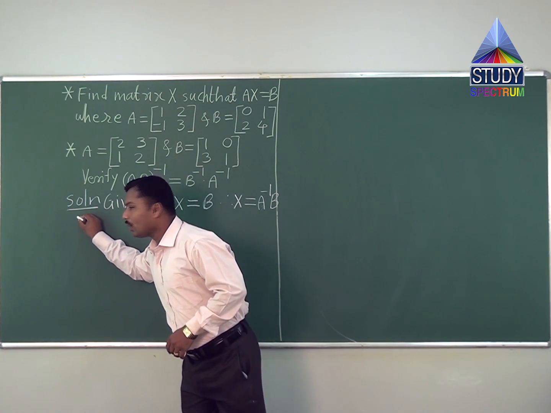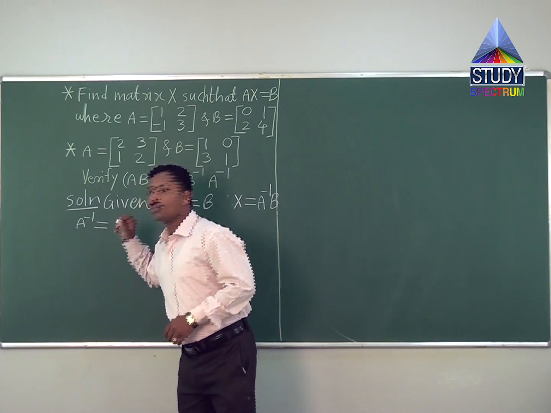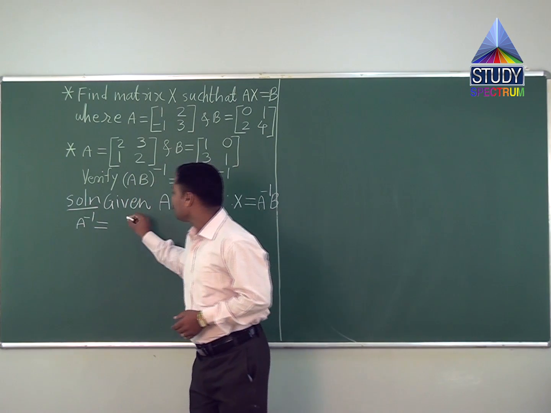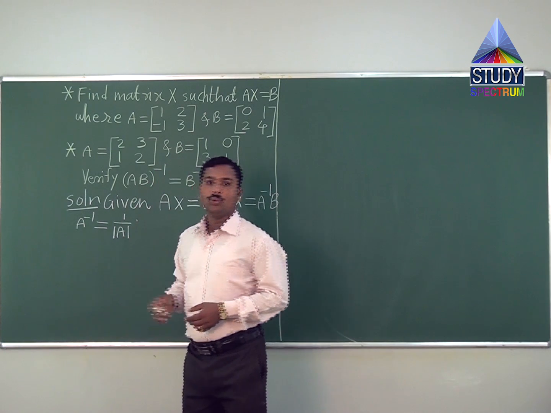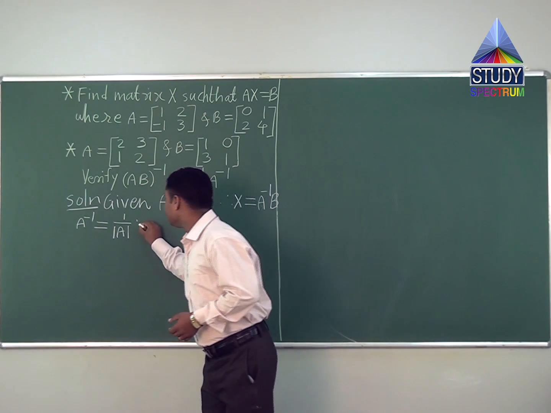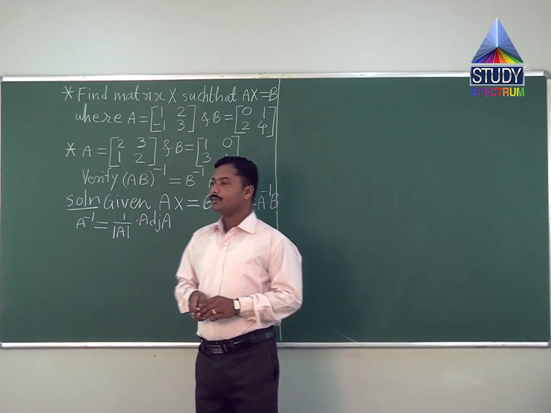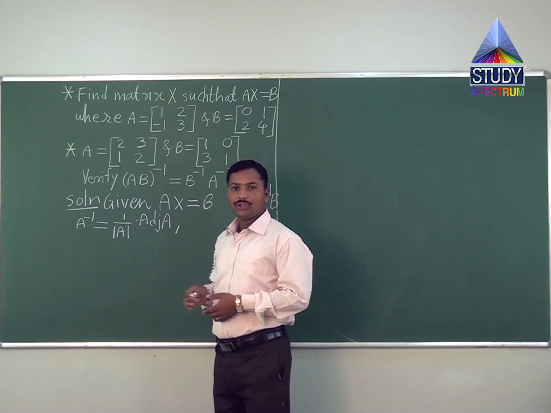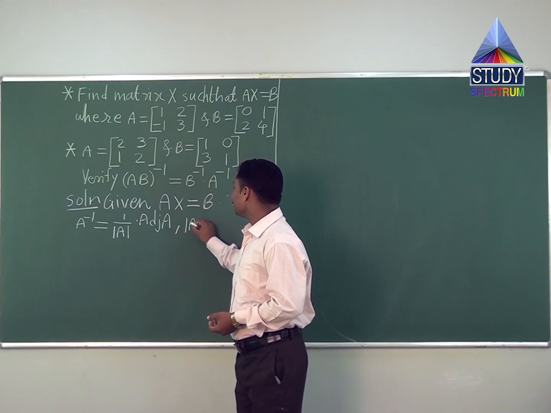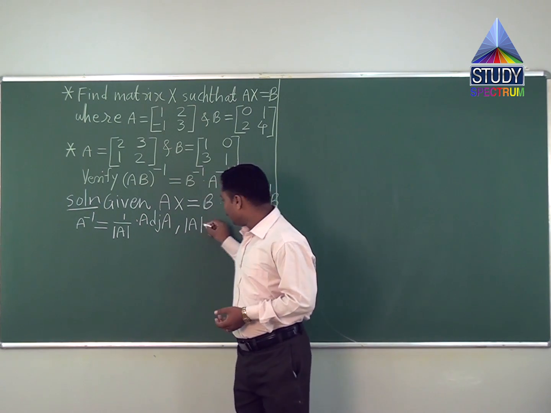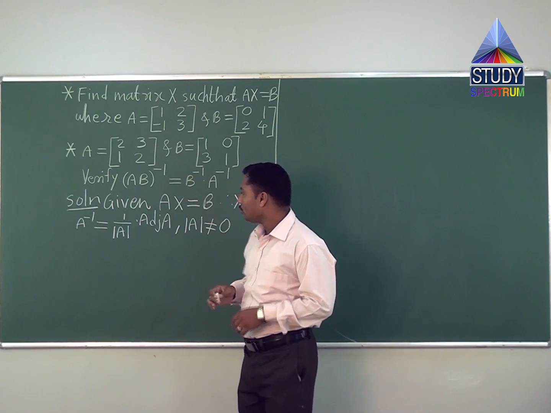So formula is A inverse equal to 1 upon determinant A into adjoint of A. Here is the condition: determinant A is not equal to 0.